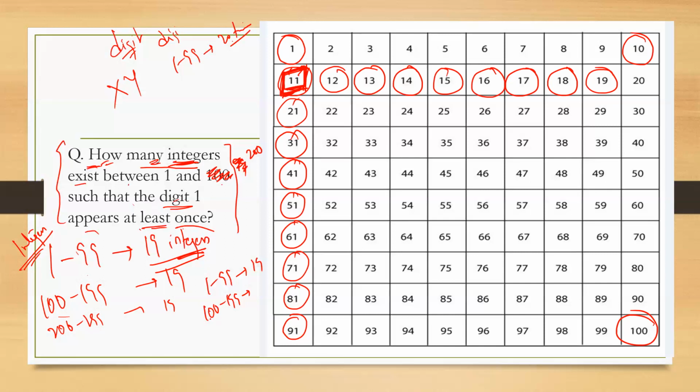Here, each of these numbers, there are 100 such numbers here, all of them will have digit 1 appearing at least once. 100, 101, 102, in all of these 1 is appearing at least once. So here it will be 100. If the same thing was going till 300, then it is 200 to 299. Here it is again 19. Are you getting what we have done?